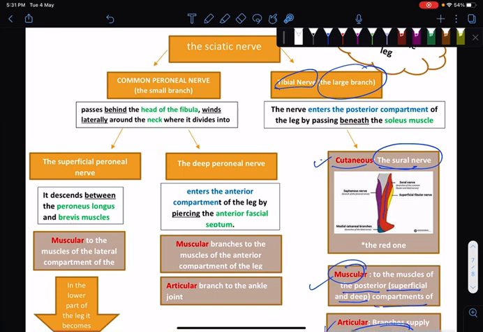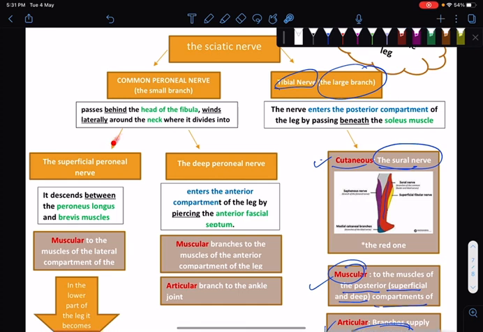The common peroneal nerve passes behind the head of the fibula and winds laterally around the neck, where it divides. So إذا حكى لك وين بينقسم، الـ common peroneal nerve بينقسم على lateral side of the neck of the fibula.